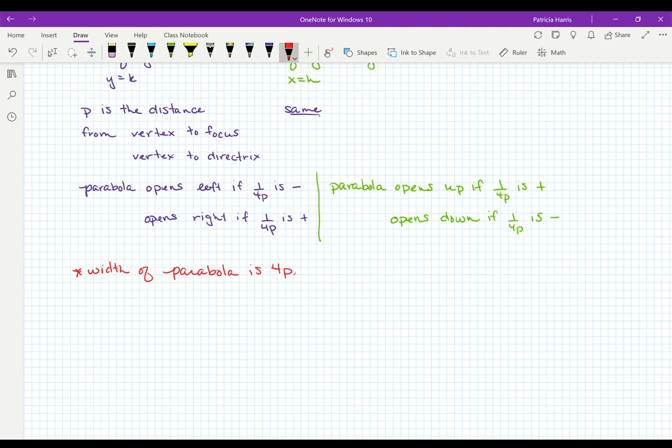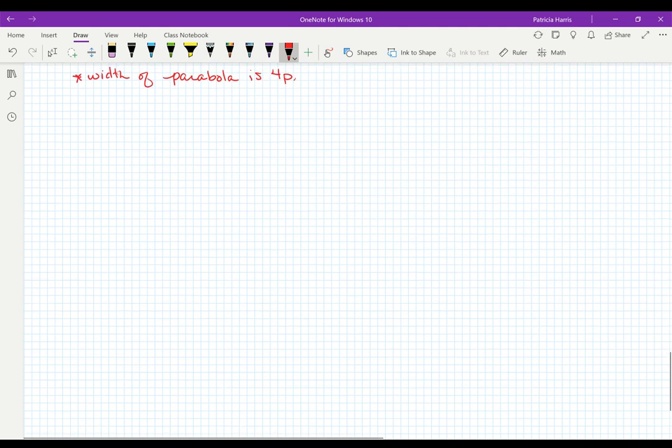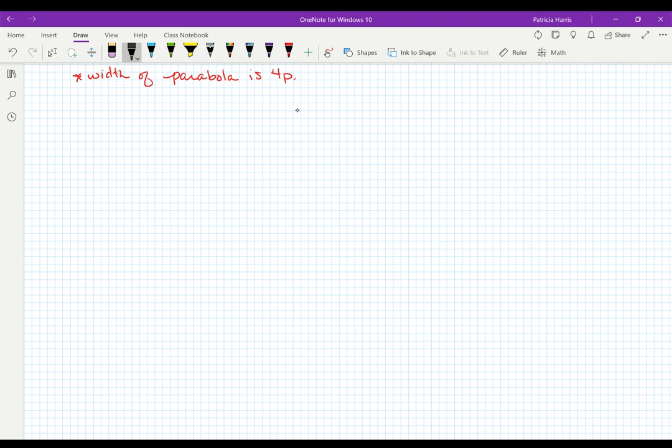Also remember, we're going to be using the symmetry of the parabola to help us out. So let's try one. Let's graph, oops, so used to doing y equals.